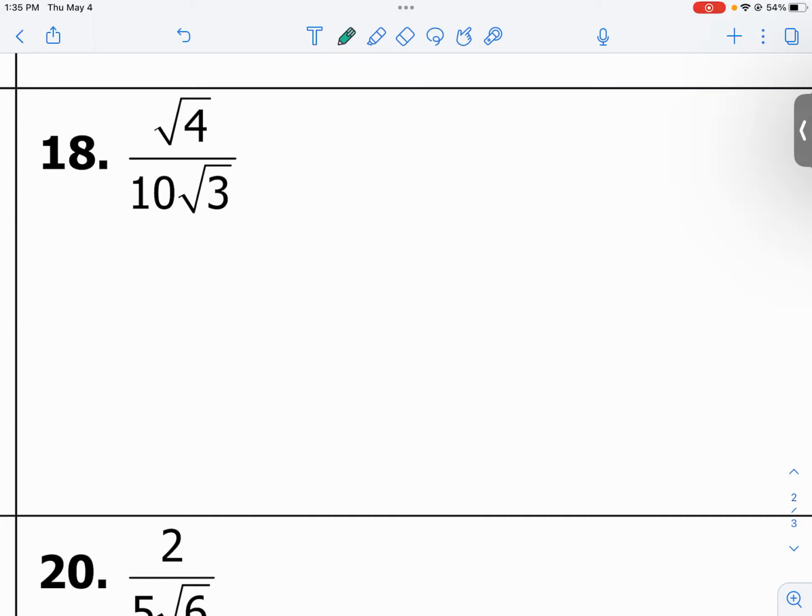We have a radical 3 in the denominator and it's not okay, but also, what is our numerator? A number. Two. Radical 4 is 2. So can we go ahead and just do that real quick? I'm not done yet.